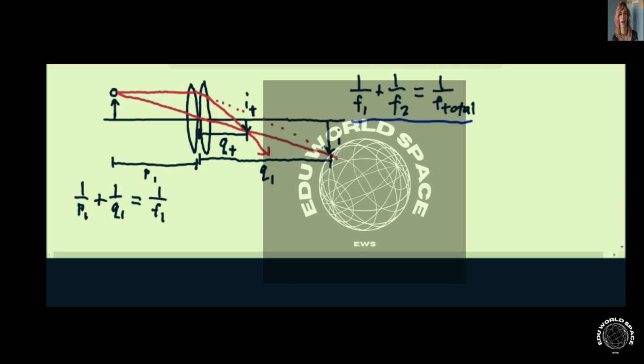T for total. Okay, let's start writing out the lens equation for the second lens, in which we have 1 over, we're going to introduce in a moment, and 1 over Q total is equal to 1 over the second focal length.